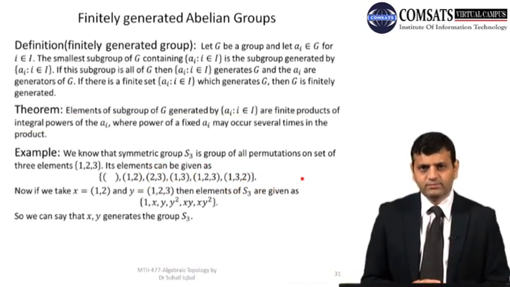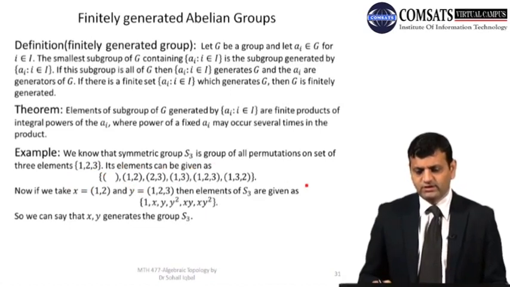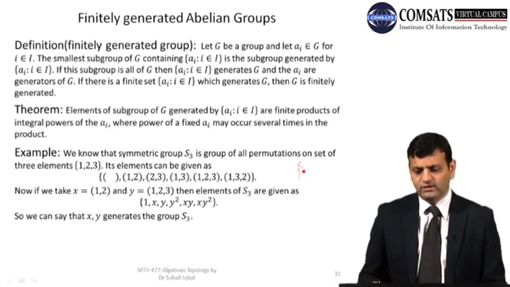So let's consider an example. We know that the symmetric group S3 is the group of all permutations on a set of 3 elements. So its elements can be written as the set of all permutations. What does (1 2) mean? So (1 2) is a permutation. What is a permutation? A bijective function from the set {1, 2, 3} to the set {1, 2, 3} is basically a permutation.